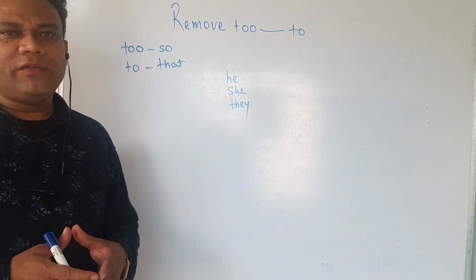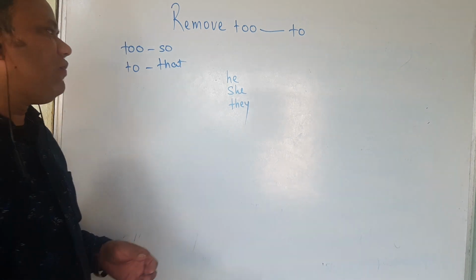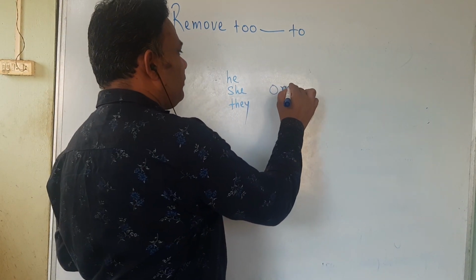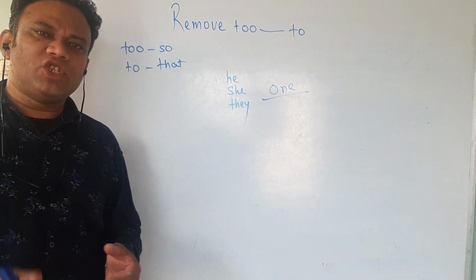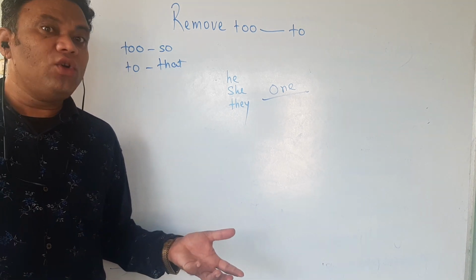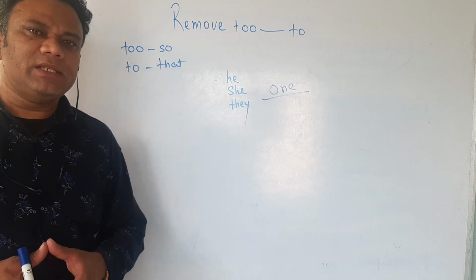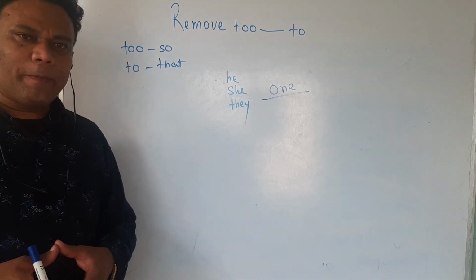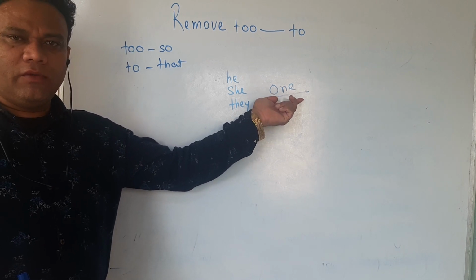If the doer of the action is not present in the sentence, we have to use the pronoun one. For example, "The question is too difficult to solve." But here we don't know who is the doer of the action. So in such a sentence, after using that, we have to use the pronoun one.